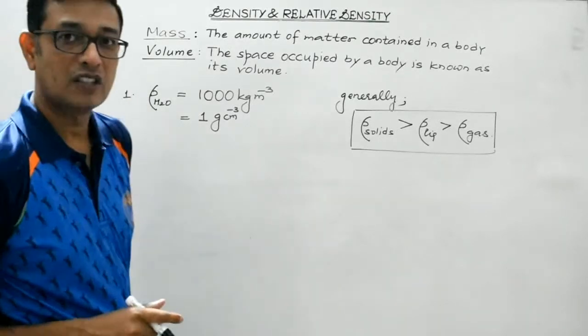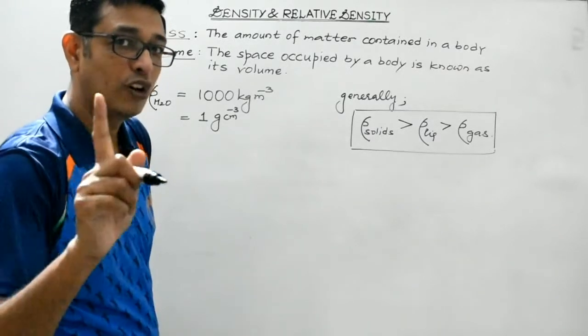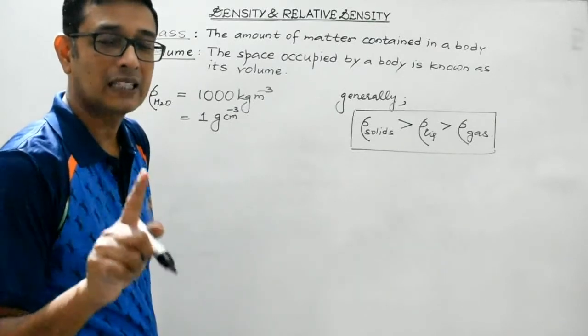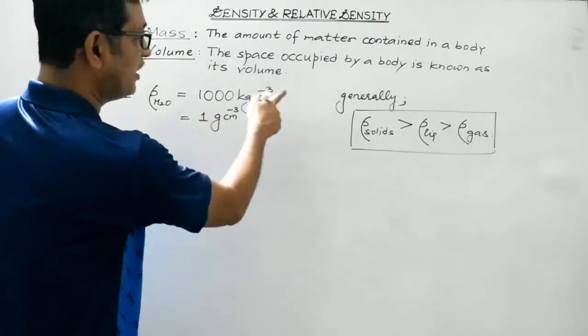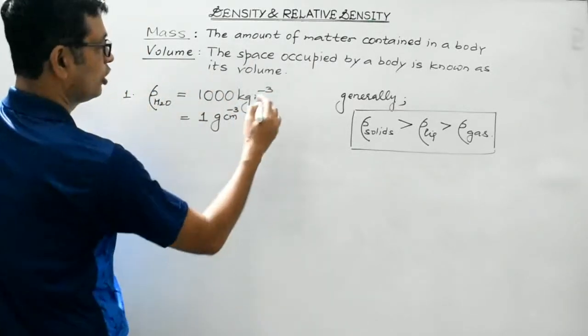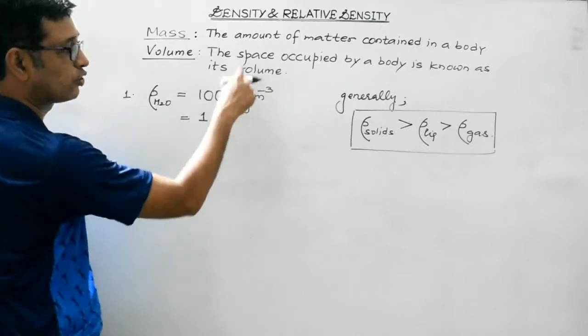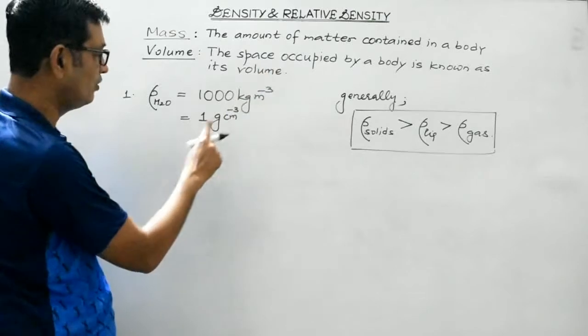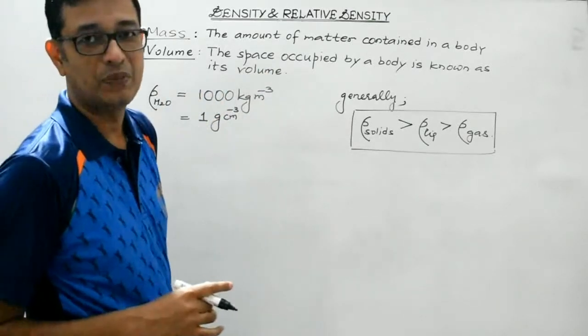The density of water is maximum at 4 degrees Celsius, and it is 1000 kg per meter cube, or 1 gram per centimeter cube. It will be equal to 1000 multiplied by 10 to the minus 3 gram per centimeter cube. So 1000 into 10 to the minus 3 gets cancelled, and you are left with only 1 gram per centimeter cube.